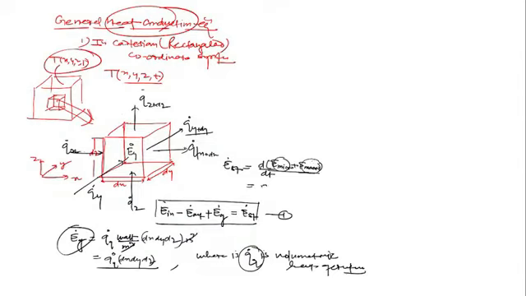So basically, this is d upon dt, or not d here, del should be there. Why? Because del upon del t, and the energy stored is basically internal energy plus kinetic energy, Ek, plus potential energy, Ep.